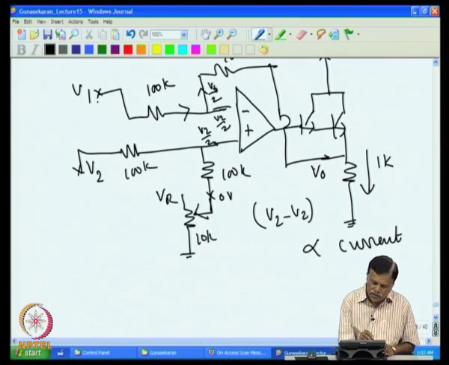Similarly, V1 is there, and assuming this resistance is very small, V1 also will apply a voltage at this point, again half. So, the voltage at this point is V1 by 2 plus V0 by 2.